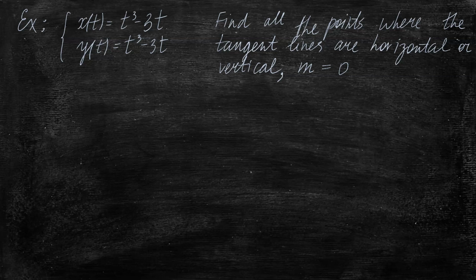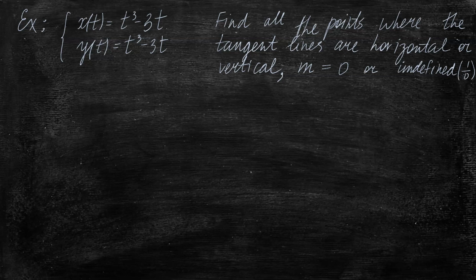So we're going to be looking for tangent lines which are not defined, and one way in particular to be not defined is when you have division by 0. So we're going to be looking for those slopes that are undefined. I will put it as undefined here.